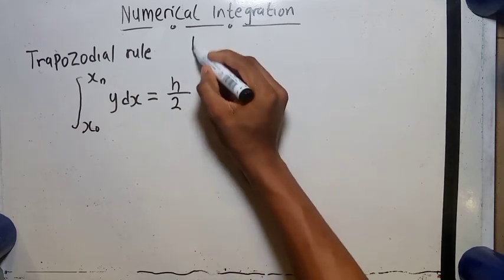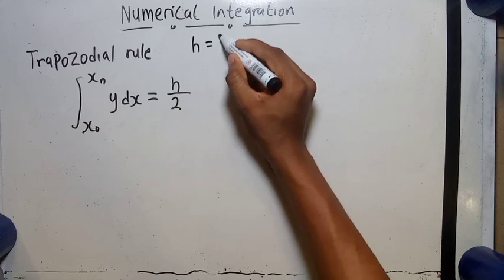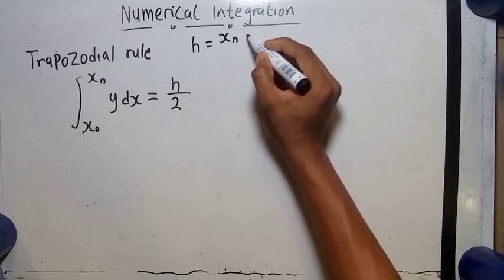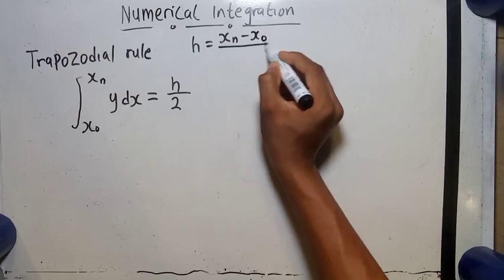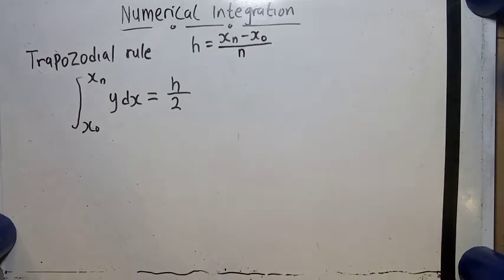Our h is x n minus x 0 over n. The n might be given to you, or you yourself choose the particular n you want to make use of. It's all your choice. If it's not given to you, you then assume.